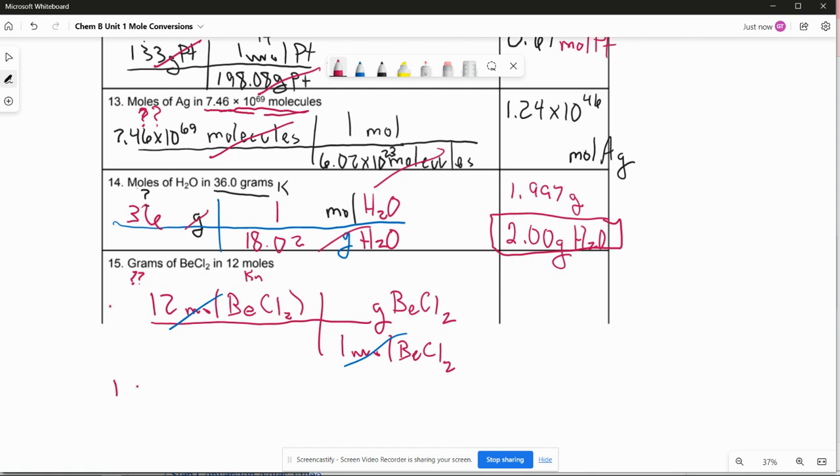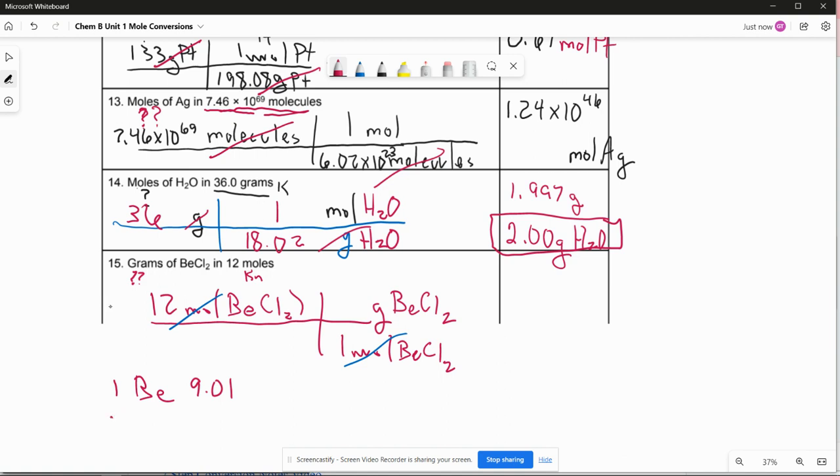So we're going to be looking for 1 beryllium. Beryllium. Why don't I use beryllium very often? There it is. 9.01 is its molar mass. That's the number for 1 mole of beryllium.